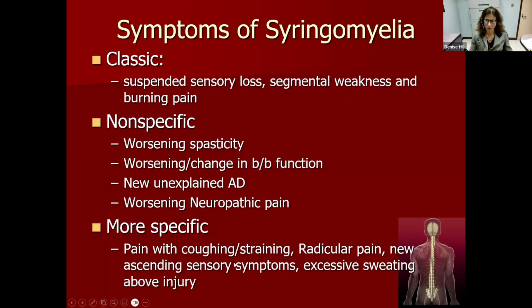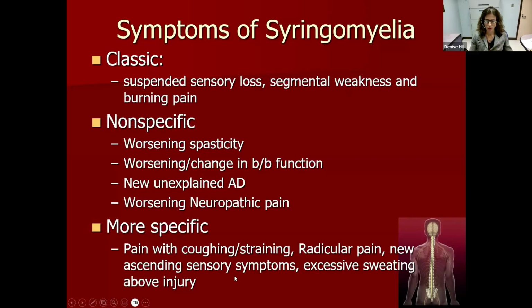But there are some symptoms that are a bit more specific for perhaps leading us to think about syrinx, and that would be pain that increases with coughing or straining, perhaps radicular pain if the patient is able to identify that much, that specific location of pain. The new ascending sensory symptoms. So is this person losing sensation and they have a new neurological level?